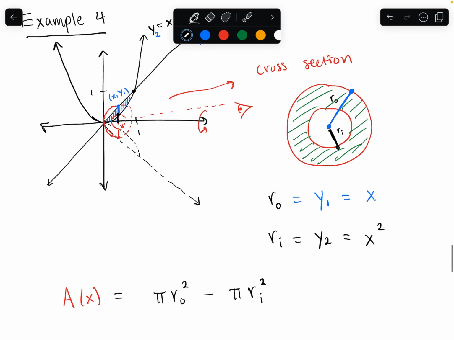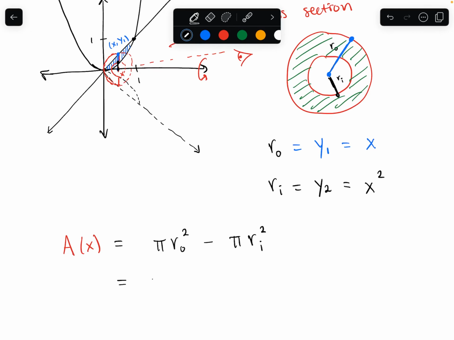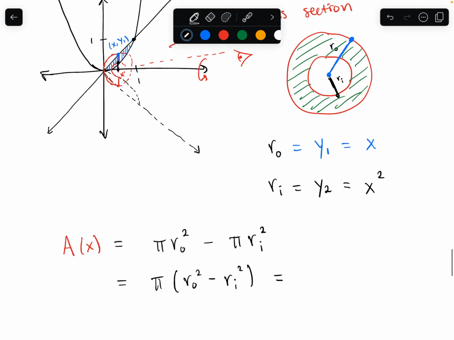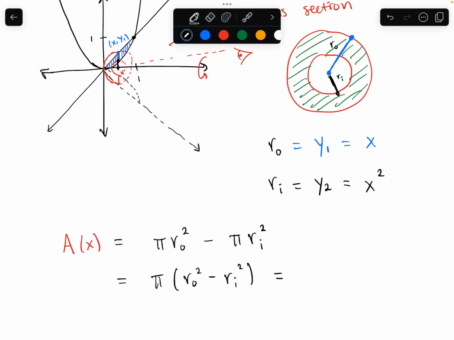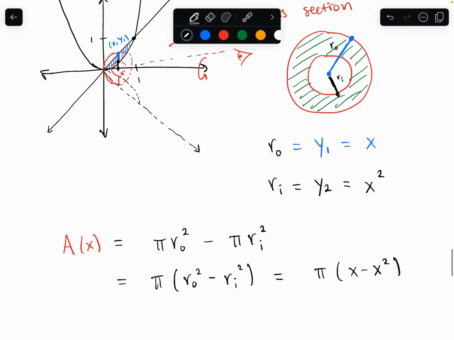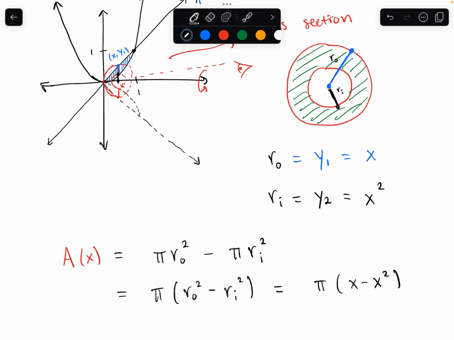You're removing that circle right there. Or if I factor out the pi, you get pi times r outer squared minus r inner squared. And now, since I want this in terms of x, since I did my cross sections in terms of x, it's pi times x minus x squared squared. So that's the area of one of those washer cross sections.